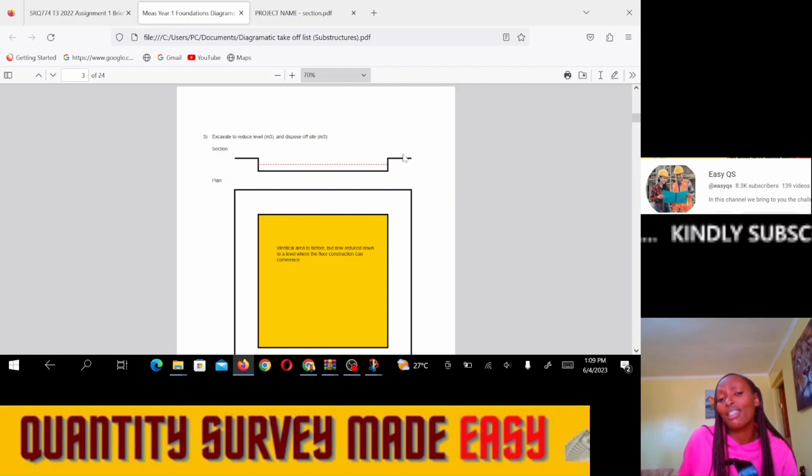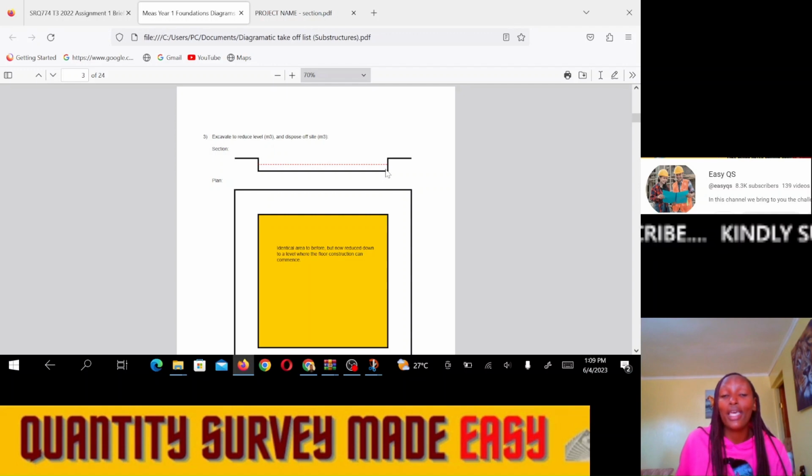But still, since the soil was not stable enough at that level, maybe the structural drawings showed that the depth at which hard core was laid was much deeper than that to which the topsoil was removed. We need to dig deeper to the bold black line, and that level is called the reduced level.